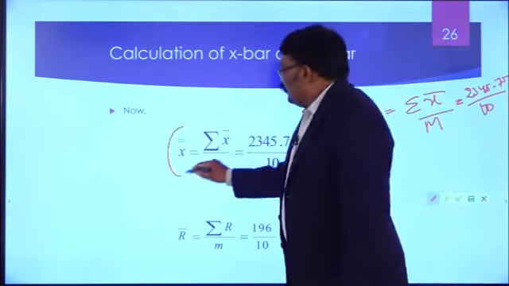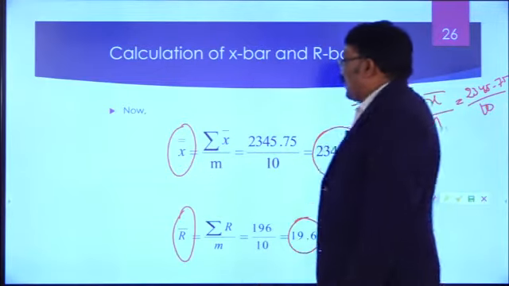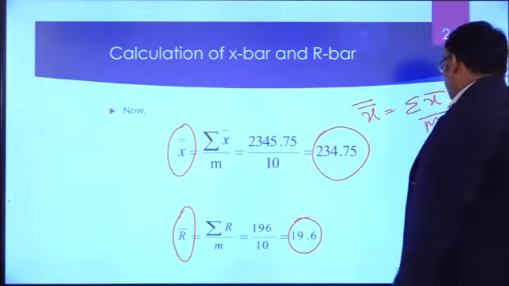Now, these two are important in applying the formula: x double bar and r bar.